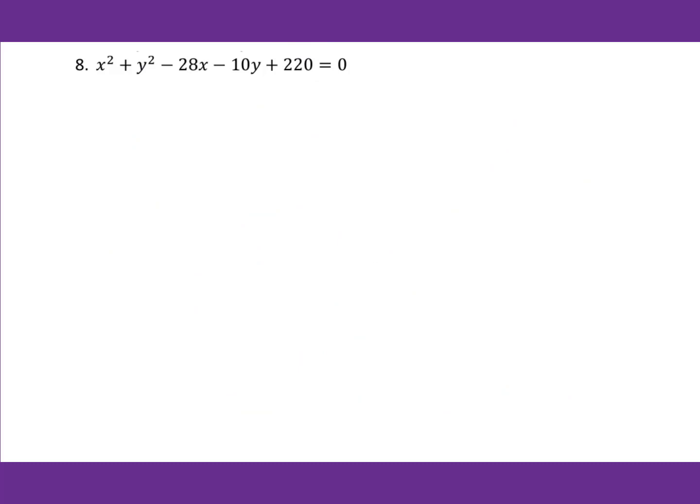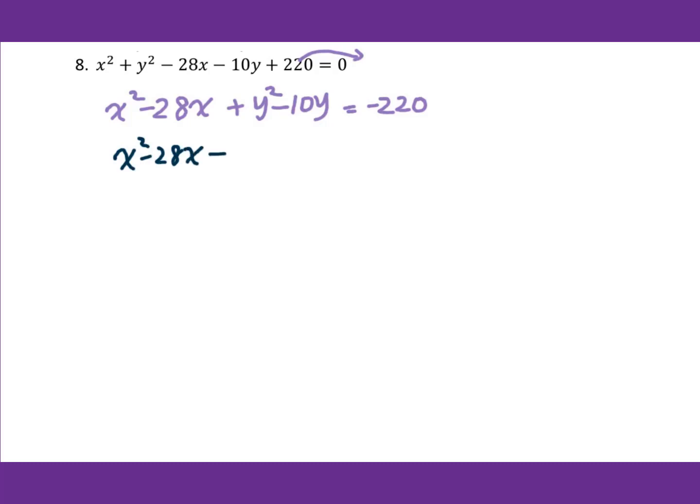Now let's go to number 8. We will put all x together, all y together. Then the number moves to the other side. Then we put the b over 2 squared to form the completing square. b over 2 squared, that will be negative 14 squared.